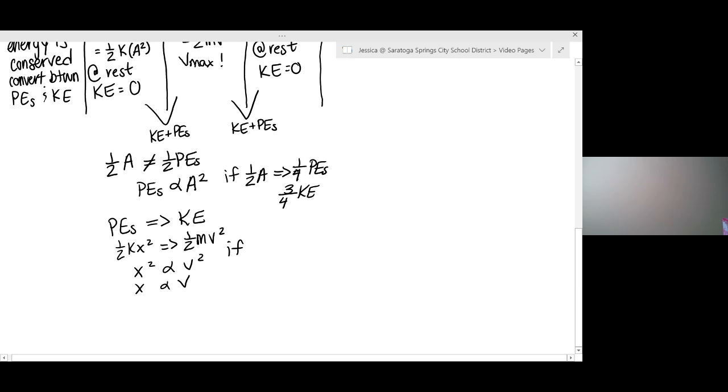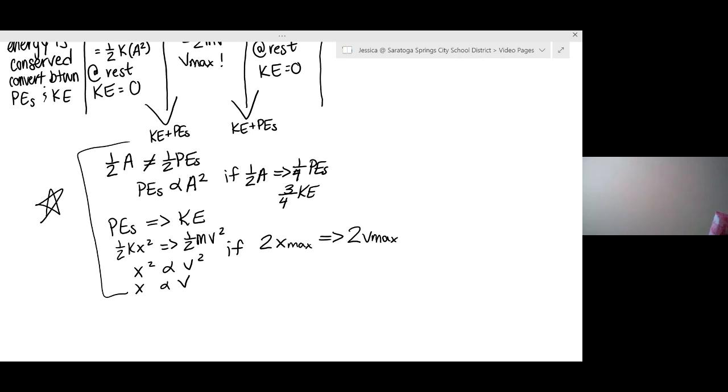So if you double the maximum stretch of the spring, like let's say we brought the amplitude out to 2A, that's going to lead to a doubling in the maximum velocity. These types of relationships are going to be really important, probably on this AP exam, and being able to explain those because they can't really ask you to derive equations.